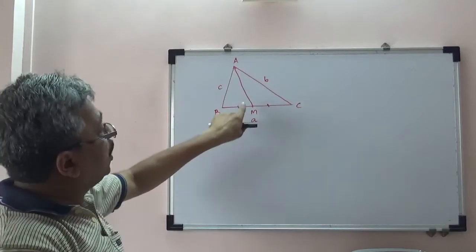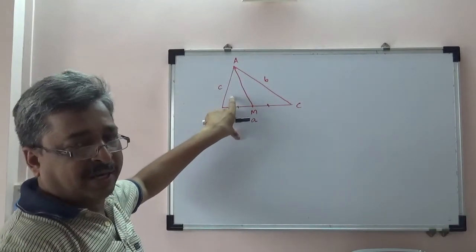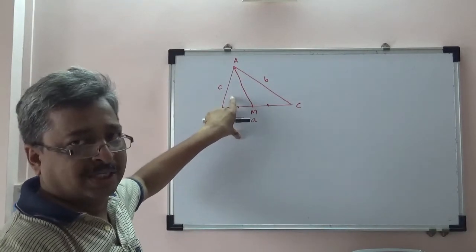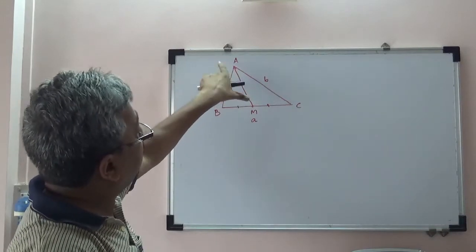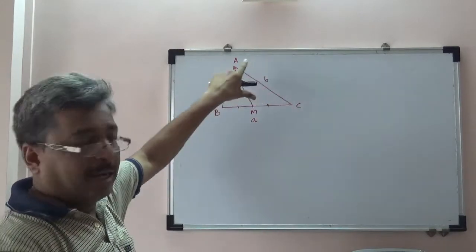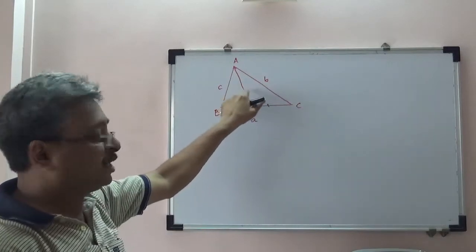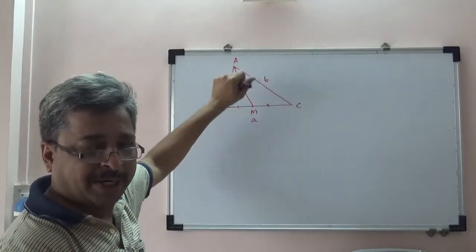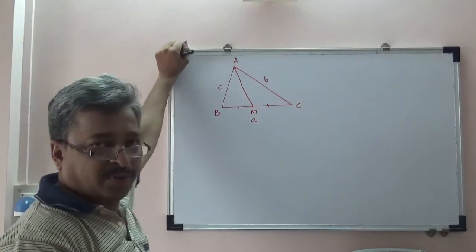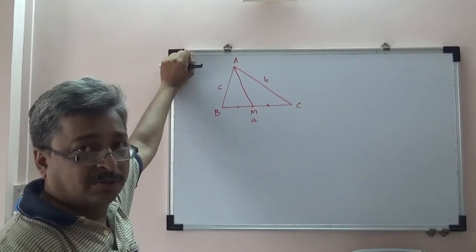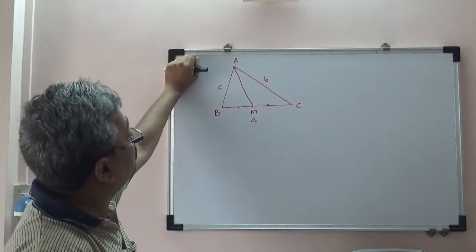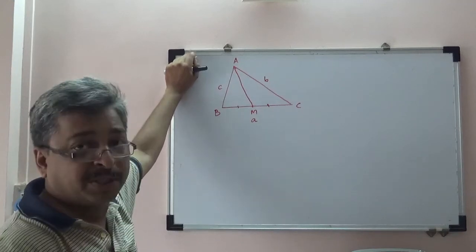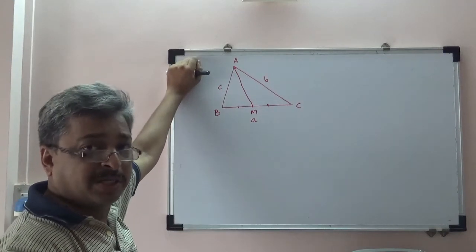Now, it is important to note that if this triangle is isosceles, this median will be the altitude, and it is an easy case because both these triangles will be right angle triangles, and finding out AM square will be very simple. You can find out what that formula is. If the triangle ABC is isosceles, AB is equal to AC.